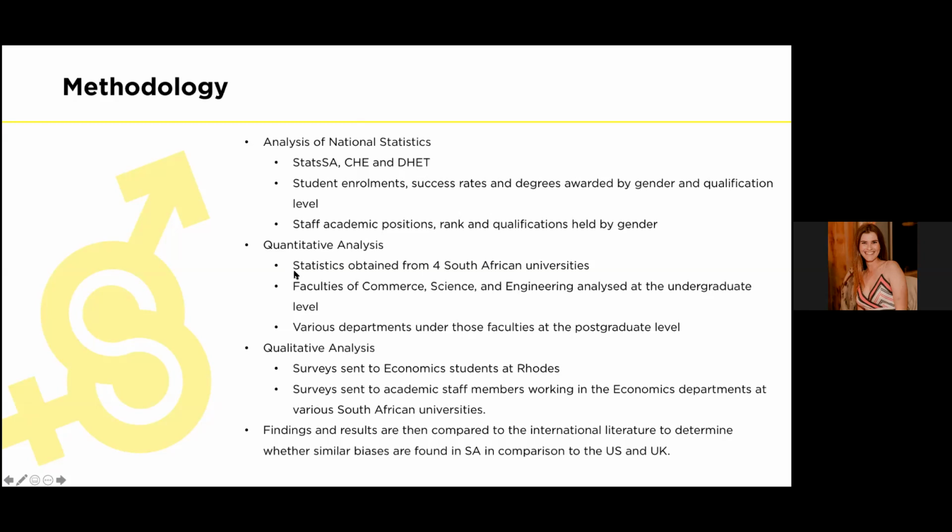The other statistics for these 4 universities were obtained directly from the universities, and the qualitative analysis, the surveys, were sent to economics students and academic staff members working in economics departments at various South African universities. So this was then compared to the international literature, which did similar studies, but in the US and the UK.